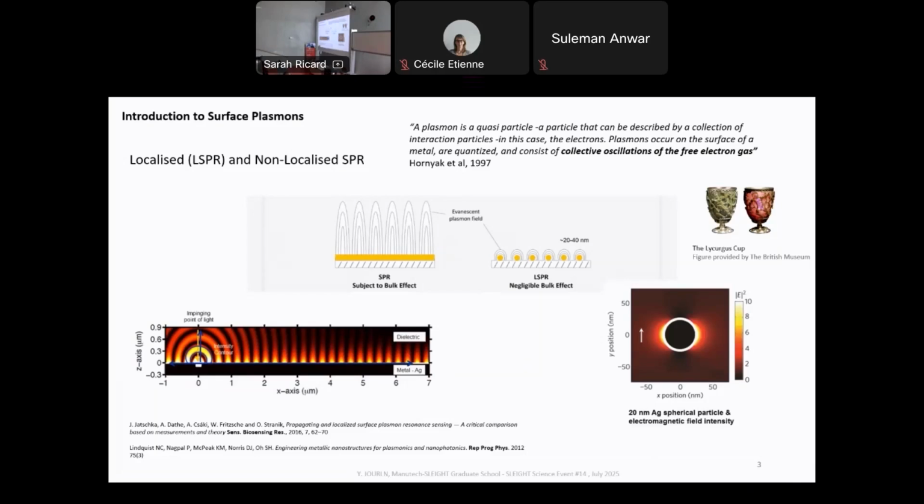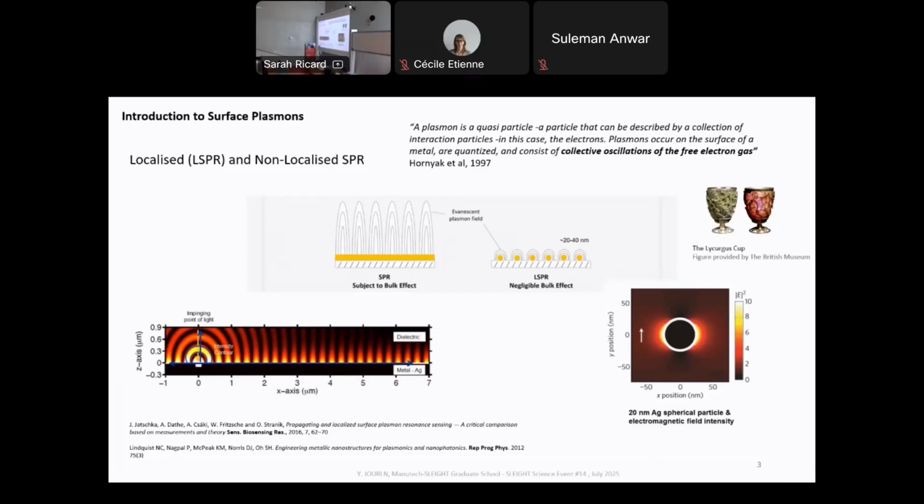So if the dimension increases, we go from one side to the other side. Of course, the electric field here is more concentrated. The value of this electric field is much higher than here. It's easily explained.